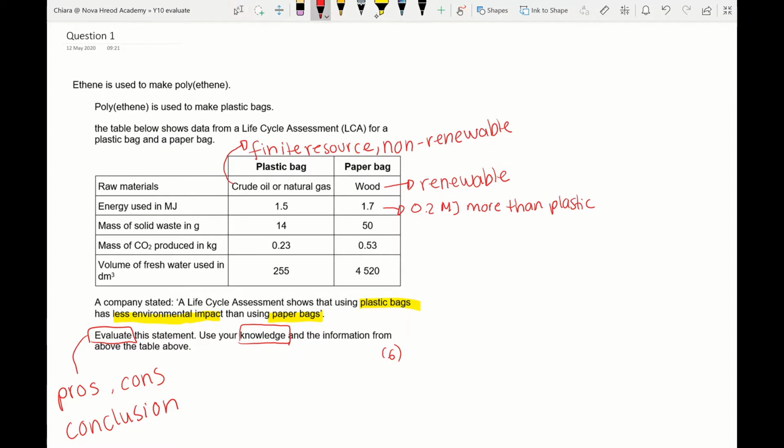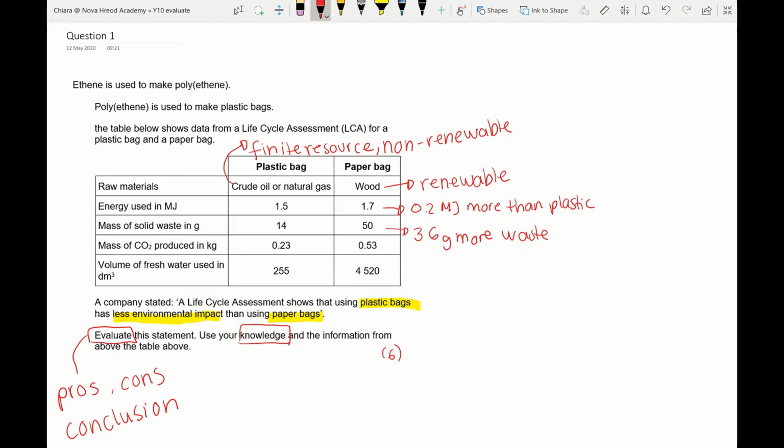So mass of solid waste in G, which means grams. A plastic bag will produce 14 grams of waste per bag, whereas a paper bag will produce 50 grams. So this again produces more waste compared to a plastic bag, which is around 36 grams more.